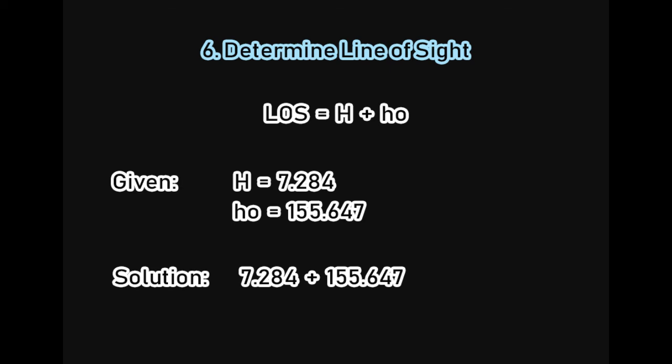Line of sight, the formula is path clearance plus total obstructions. 7.284 plus 155.647 is equal to 162.931.